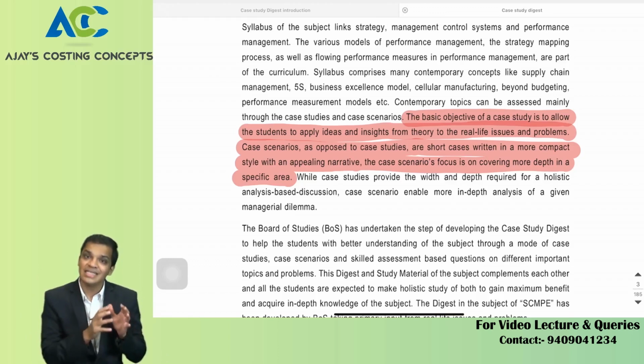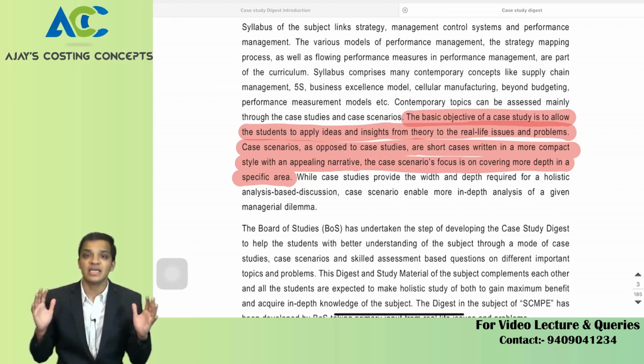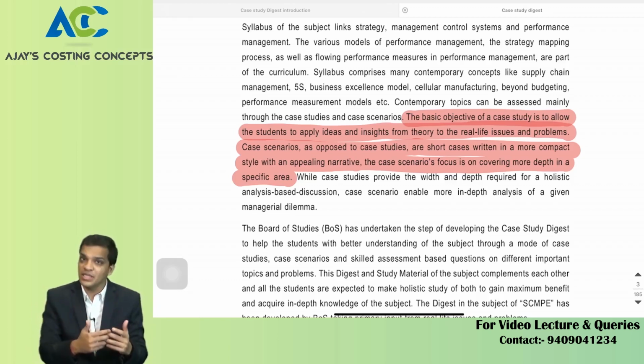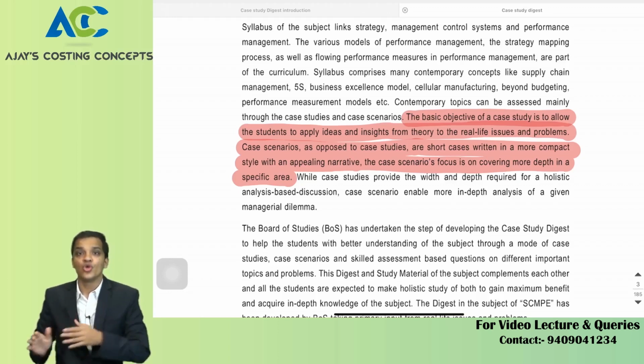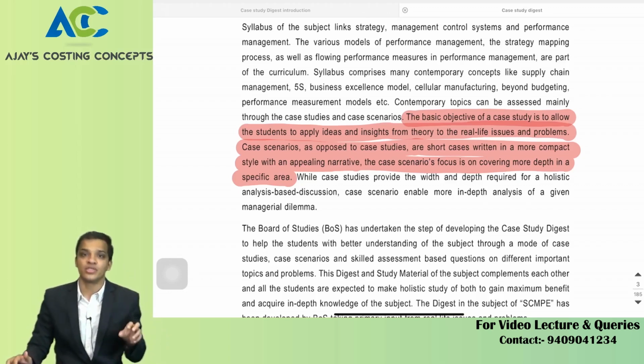So while reading a case study, understand you need knowledge of various other concepts to face the problem and provide the solution. While reading a case scenario, you should have specific conceptual knowledge, on the basis of which you provide a solution. I'll give you a small example.